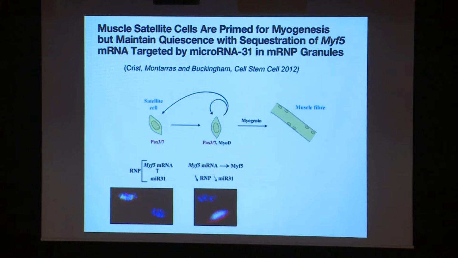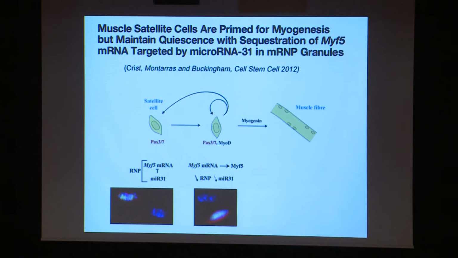And to make a long story short, he found that, in fact, miR31 microRNA is targeting MID5 in the quiescent cells, and that is where expression of miR31 is the highest.